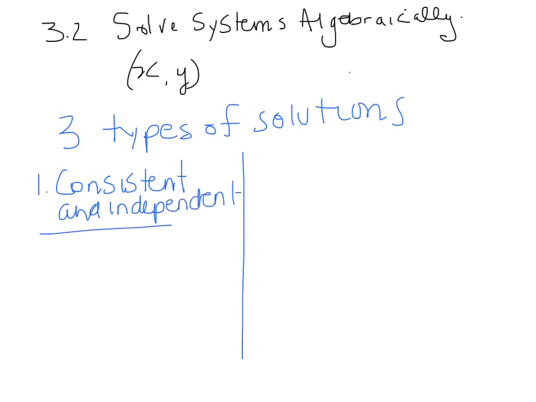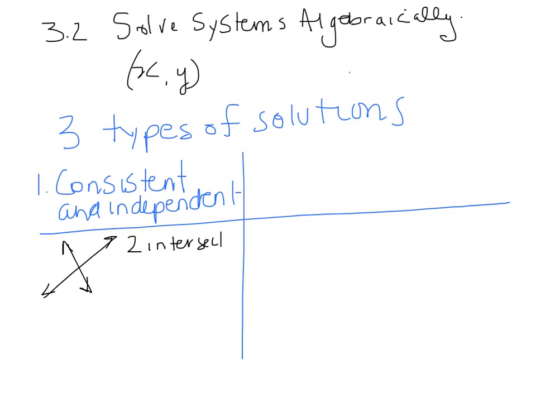Okay, so consistent and independent is what we're looking for most of the time. That's what happens when you have two intersecting lines, and they have this little point of intersection as the xy solution.